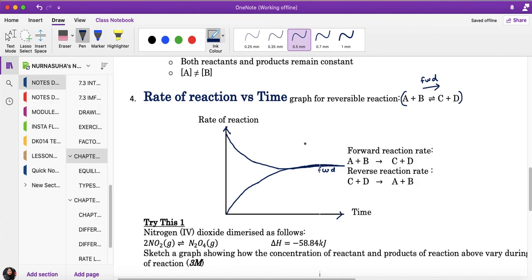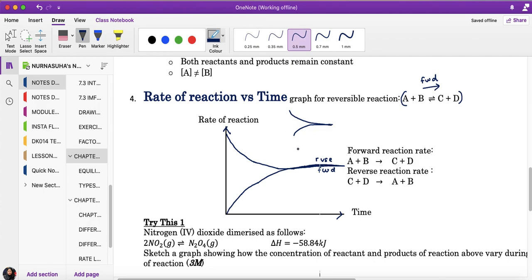Okay, so this is reverse reaction. Okay, graf ni sepatutnya macam ni ya. Yang ni turun, constant. Lepas tu yang tu naik, constant. Should look like this lah.